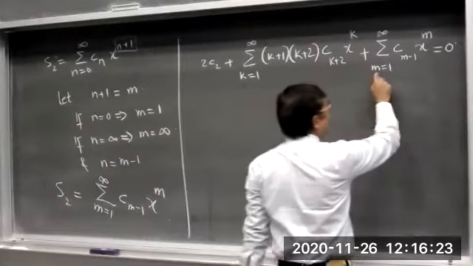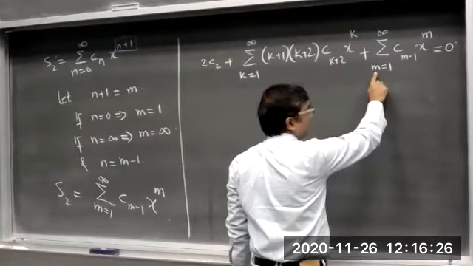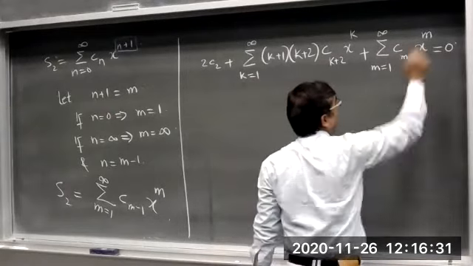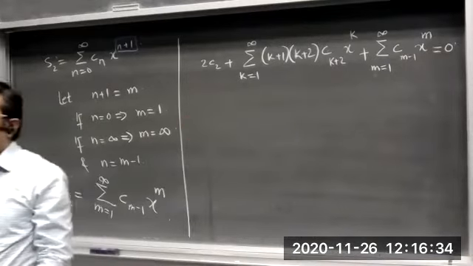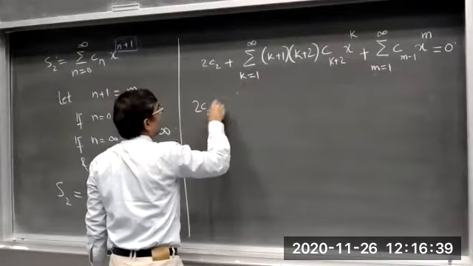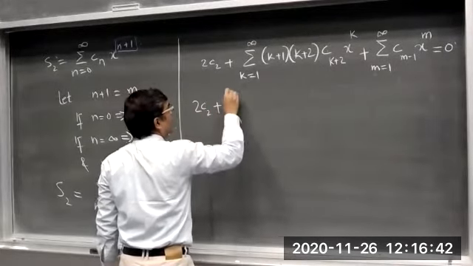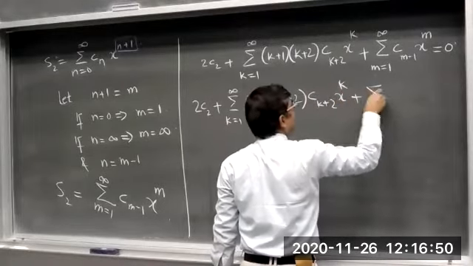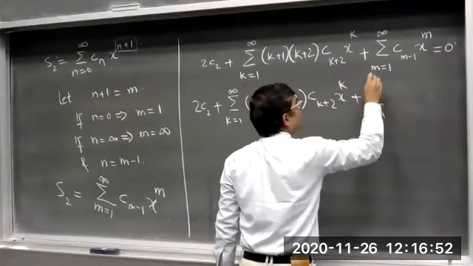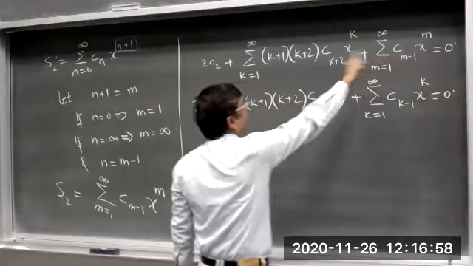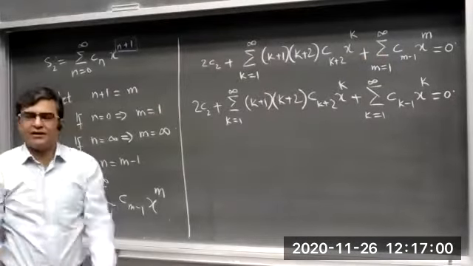Or you can replace this m with k from 1 to infinity c k minus 1 x power k, because the index in any series is dummy. So we can write here c2 plus summation k from 1 to infinity, k plus 1, k plus 2, c k plus 2 x power k plus summation k from 1 to infinity, c k minus 1 x power k. We have changed the index of this second series so that they become identical.